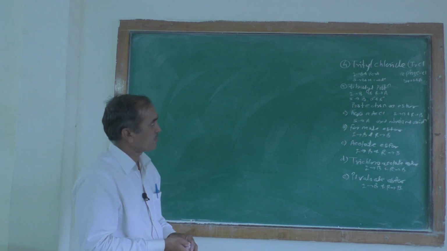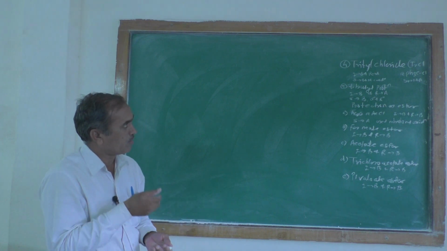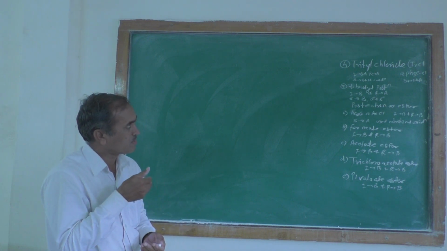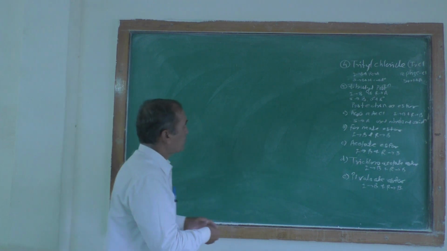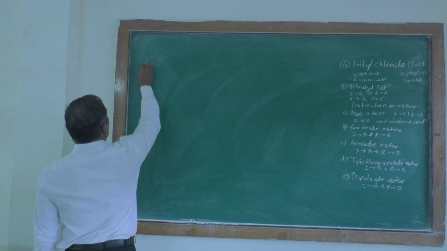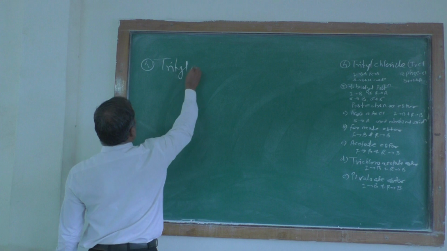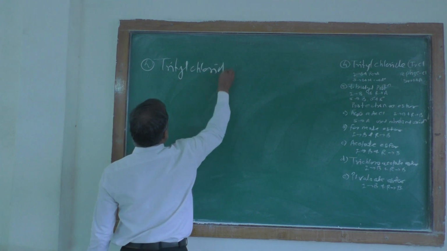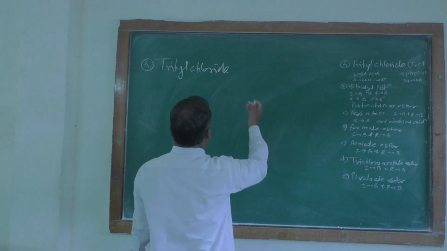Now let us look at trityl chloride. What do you mean by trityl chloride? What is the structure of trityl chloride? Let us see, the fourth one is trityl chloride. It is a protecting group that gives an ether.